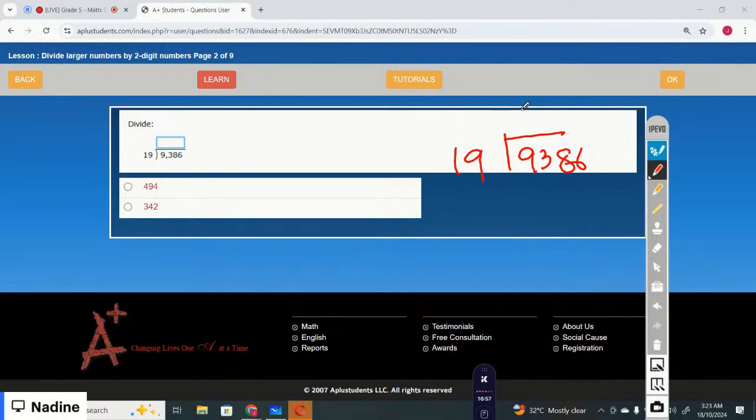We can go for 19 times 4. That is 76, right? Because 19 times 5 is 95. So we can go for 19 times 4.